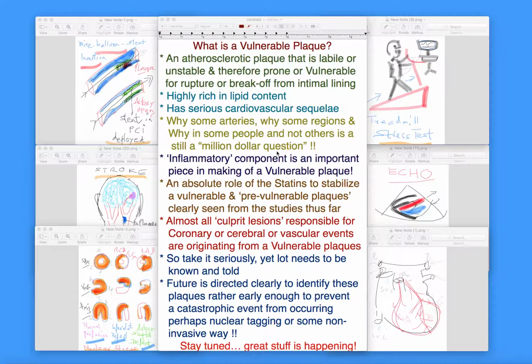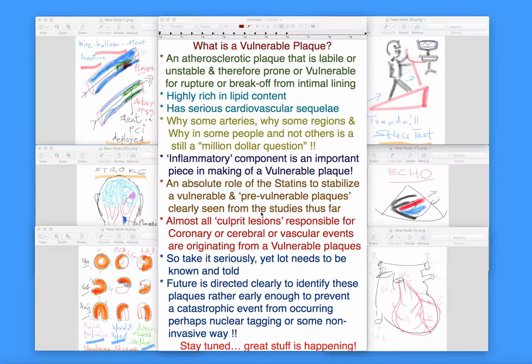A quick piece of data I want to tell you: of the heart attacks that occur across the world, 50% of them actually show up in the emergency room and they get treated. That's the good news. The bad news is the other 40 to 50% do not show up because there is a sudden cardiac death, unfortunately. It's those 50% of the people who do not show up in the emergency rooms or casualty wards across the globe that we as cardiologists are extremely concerned about, because we'd like to save those lives.